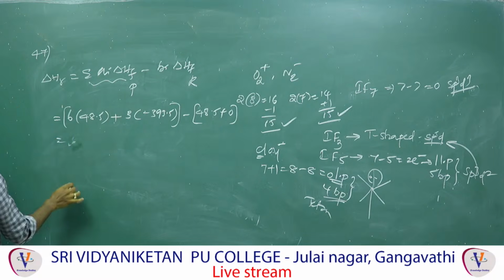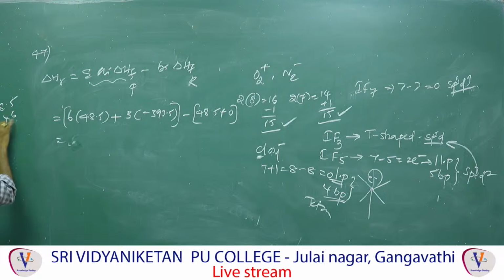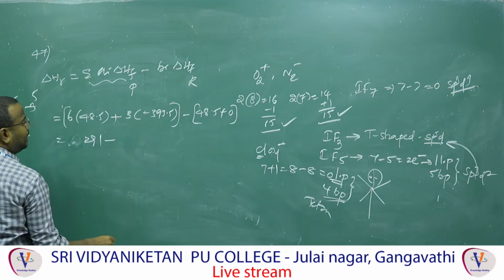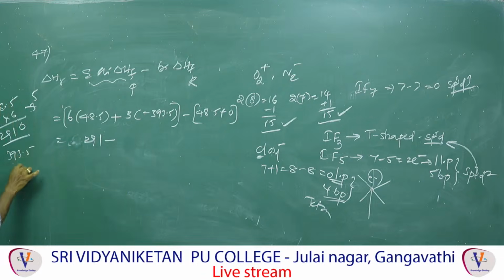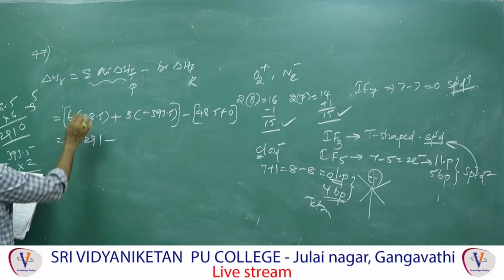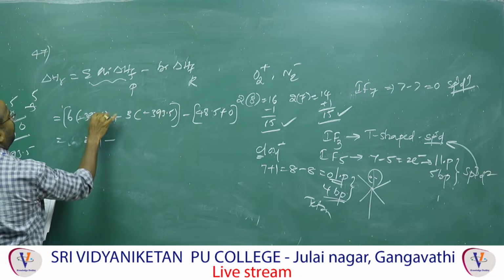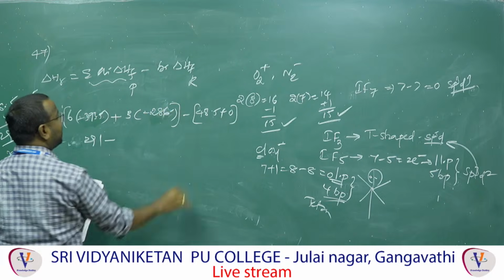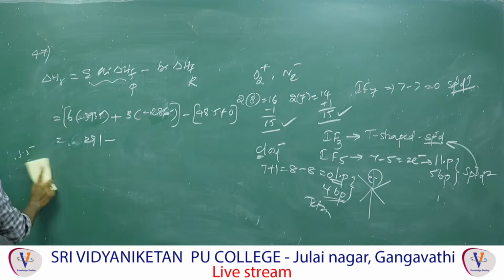Therefore 6 into 48.5, 48.5 into 6 is 291, minus 393.5 into 2. I made a wrong substitution perhaps. Then water is 286. I should substitute 393.5 here, and then for 3 it has to be 286. That's correct substitution. Let's solve according to that.